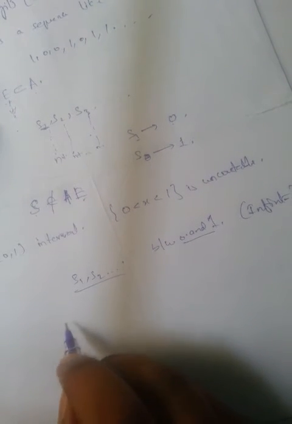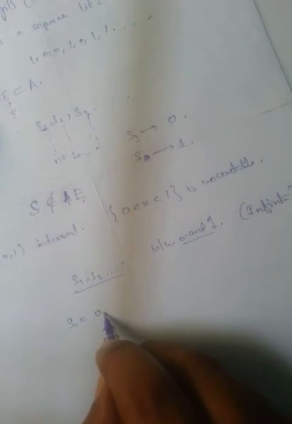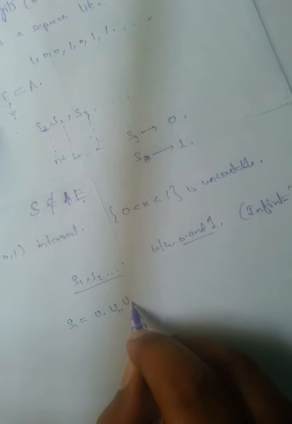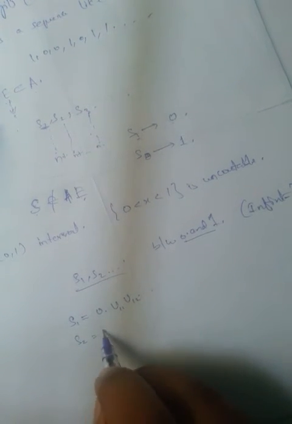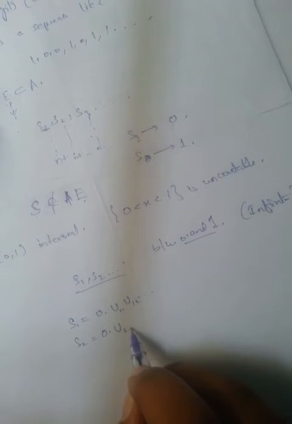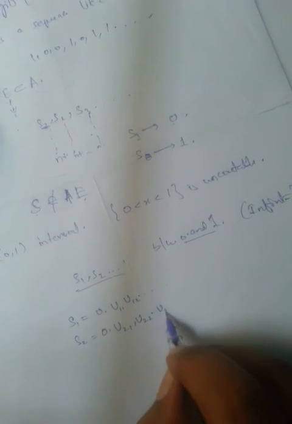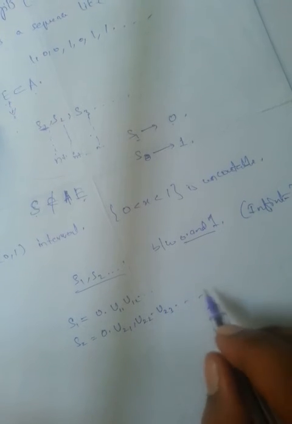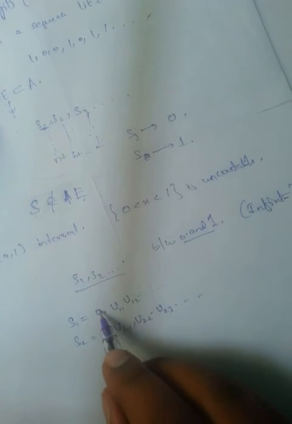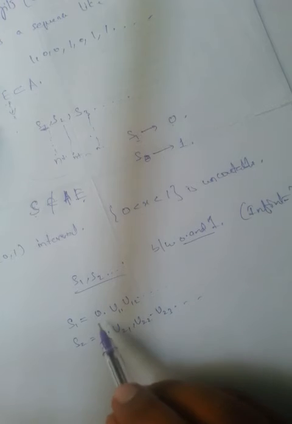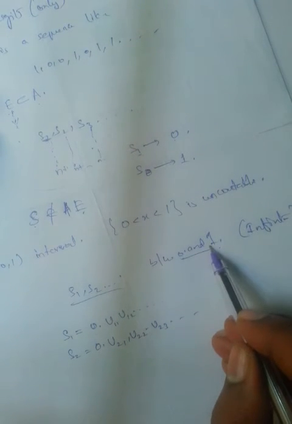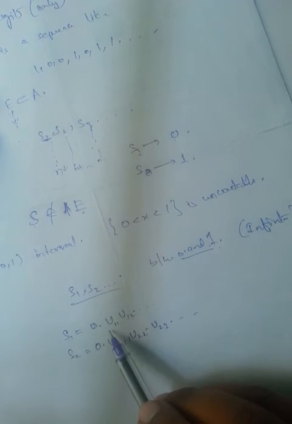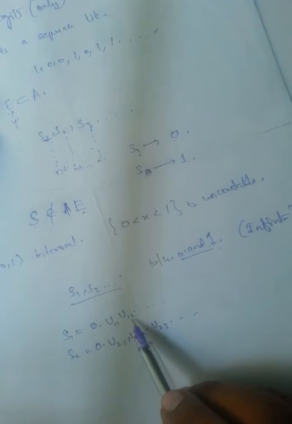Now if I consider S1 equal to 0.u11 u12 u13 and so on, S2 equal to 0.u21 u22 u23, it means a decimal expansion, so we get the numbers between 0 and 1 in decimal expansion, right?